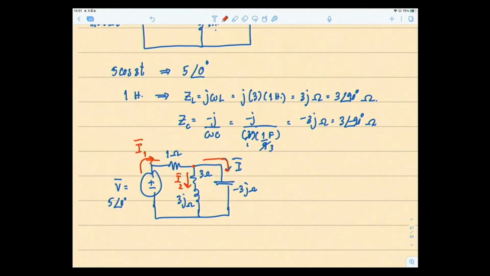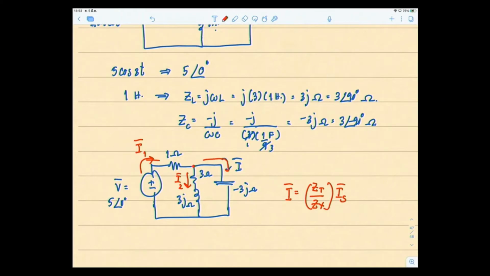To find I, the formula is Z total over ZX multiplied by IS. This is the formula for the current divider.